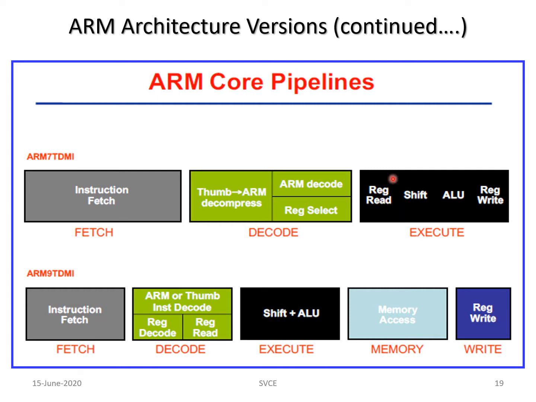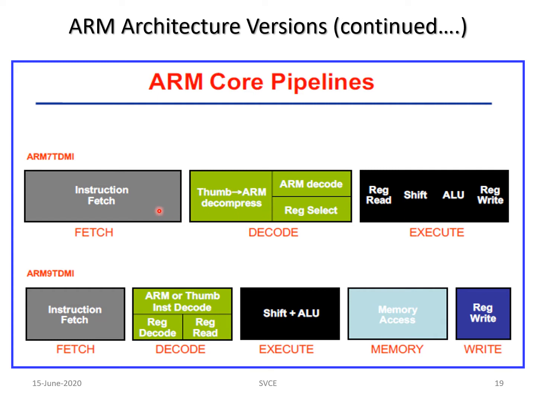So when the first instruction is executed in the last stage, the second instruction will be decoded in the decode stage. The third instruction would have been fetched and placed in the fetch stage. So at the end of the third clock cycle, we get the output for the first instruction.